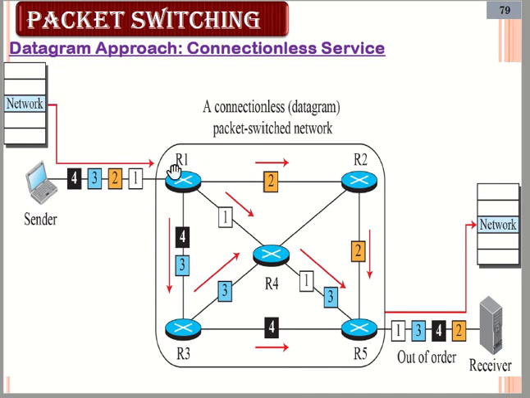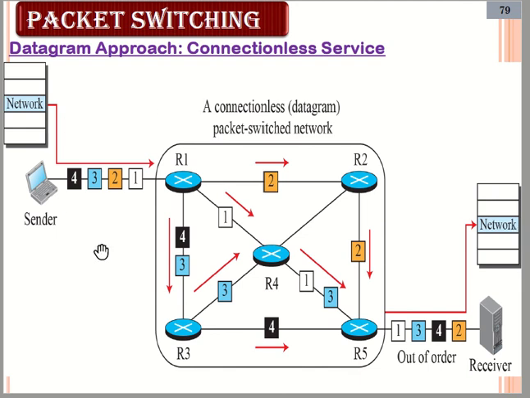The packet might go through R1, R2, R5 and reach the destination, or it might take R1, R4, R5, or R1, R3, R4, R5, or even R1, R3, R4, R2, R5. So there are multiple paths available from the source to the destination.